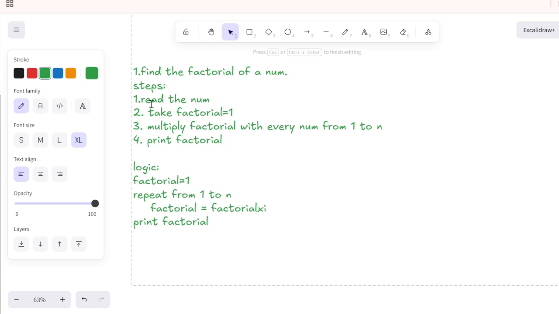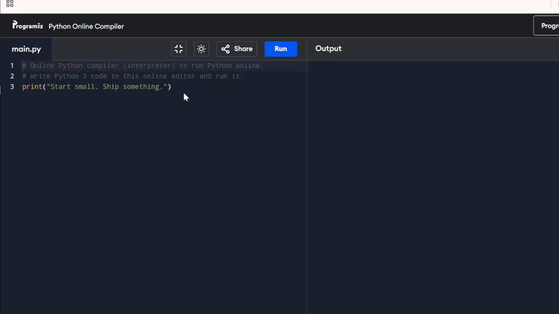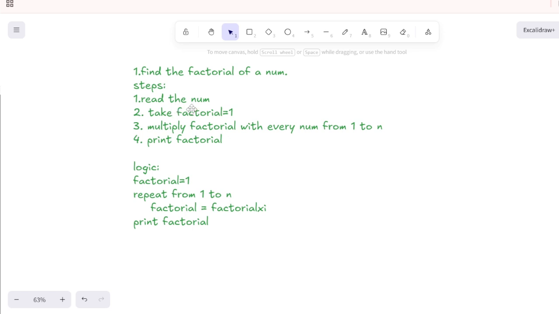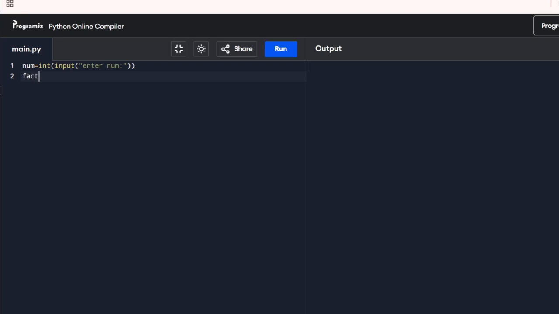By using these steps, we are going to do the code. Take the input from the user. n is equal to int(input()). You need to enter a number, right? Input is taken. What I said in the second step, we need to take factorial equal to 1. That means we need to initialize factorial to 1.